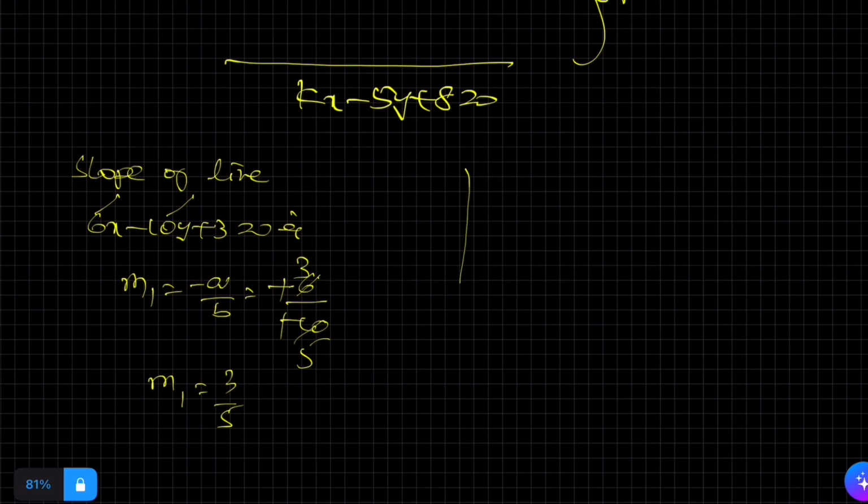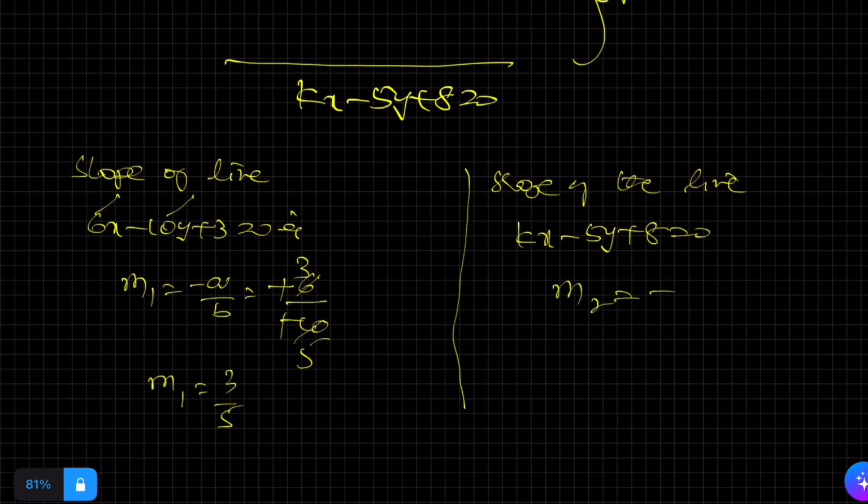So let us find the slope of the second line. My second line is kx minus 5y plus 8 equals 0. Now let us take m2 equal to the same formula, minus a by b, minus the value of a is k by the value of b is minus 5. So minus will get cancelled. The m2 equal to k by 5.